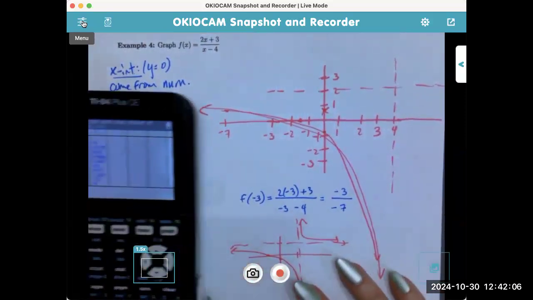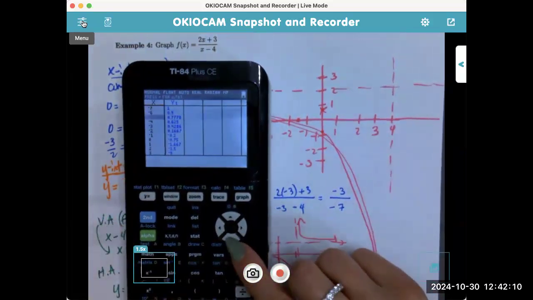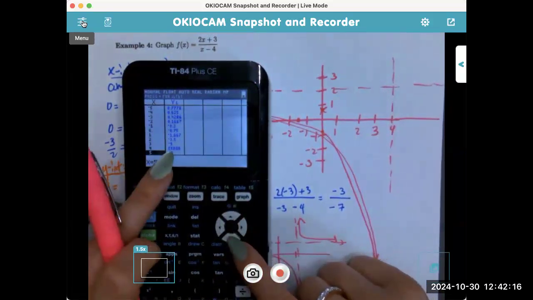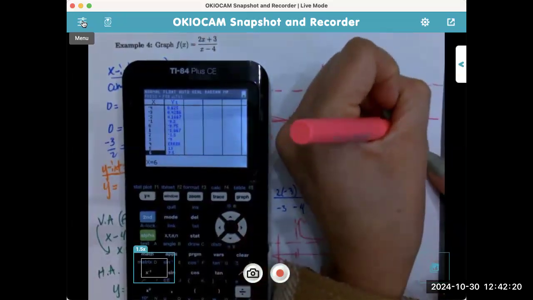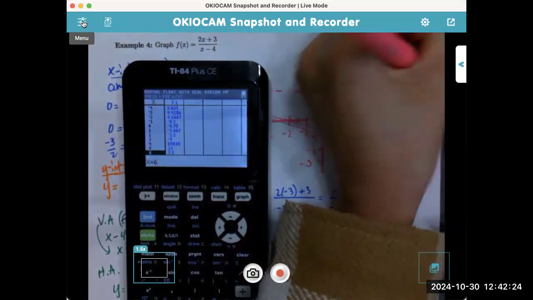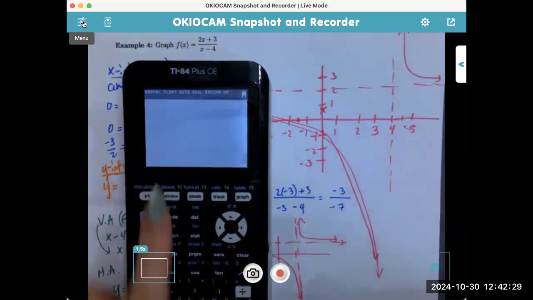So now if I do, say, let's see, past the vertical asymptote. 4 is an error. Notice that. 5 is 13. So 5, that'd be way up here at 13. And that's because you have this boomerang shape right here.